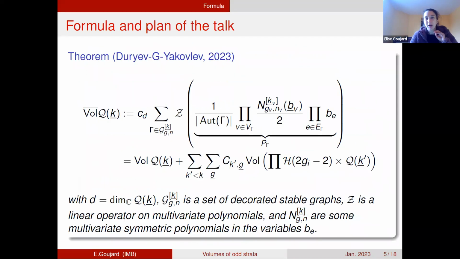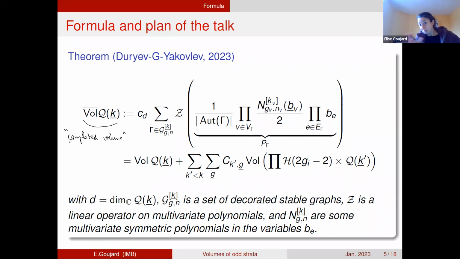So here is the formula, and I will spend time explaining it in detail. Sorry for the formula, but I will go into detail. This is just a definition. This volume with a bar is what I will call the completed volume of the stratum.